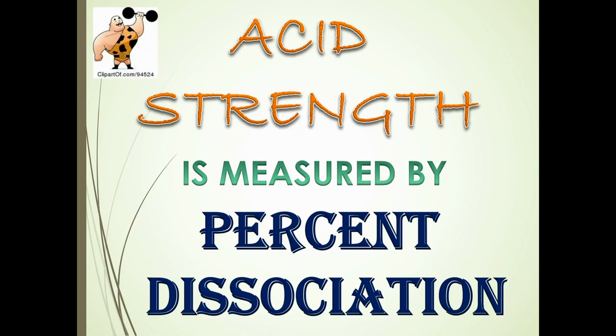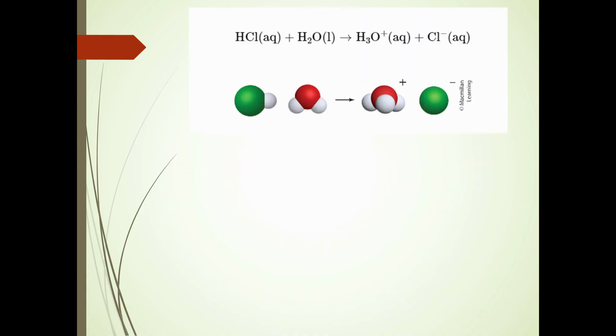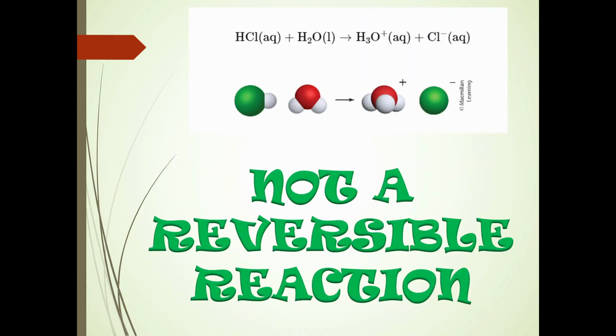We can't have a K value. We have nothing of the original molecule that we started with left. It is all H+ and some anion. So a strong acid dissociates 100%. So if it dissociates 100%, not a reversible reaction. We cannot do a K value with a strong acid.